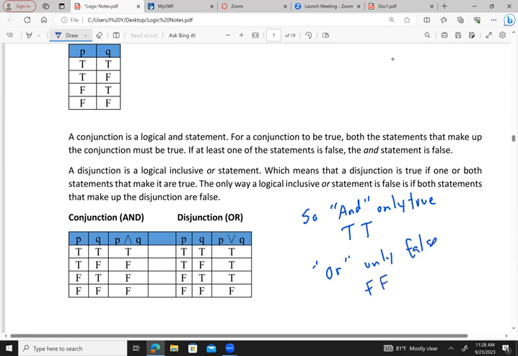And here again, we continue our truth table, looking at and. We look at all the possibilities, and the only time and is true is when both statements are true. All the rest are false. Now with a disjunction or statement, if one of them is true or both of them are true, it's true. So the only time it's false is when it's false, false.